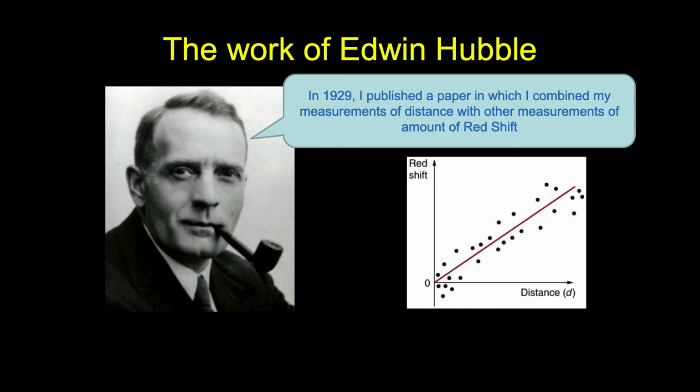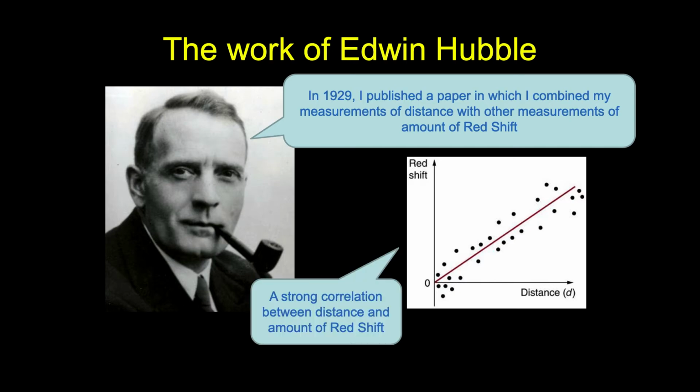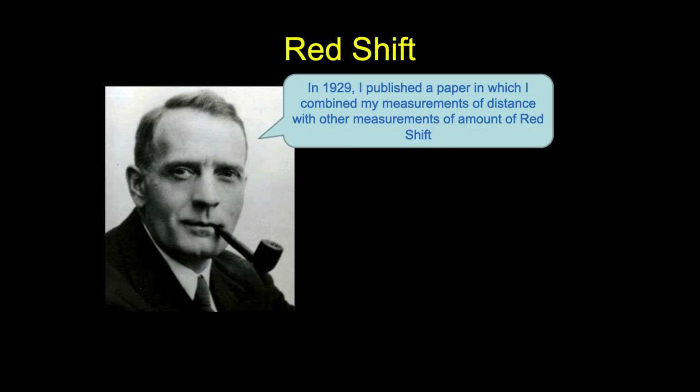You've got distance and the amount of red shift. And what he said, his Hubble's law, was that the further away a star is, the more red shifted it is. And if it's more red shifted, that means it's moving faster. So the more distant the object, the faster that object is moving.